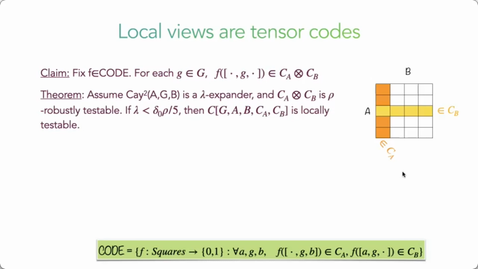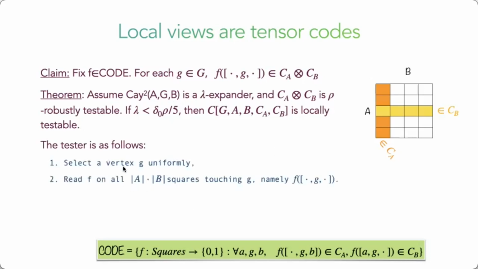It also causes some kind of constraint between lambda and delta naught and this parameter rho. But anyway, if this happens, then your entire code is locally testable. And the tester is what you would expect. It's basically select a random vertex, look at the entire table around this vertex, A times B, and check that whatever you see is inside this tensor code. Okay, so that's the tester.